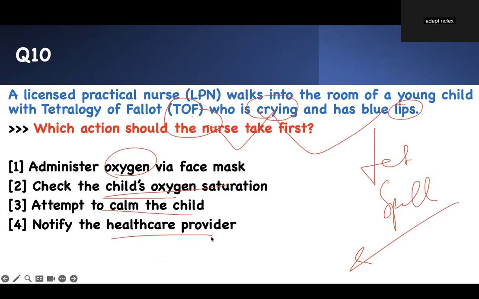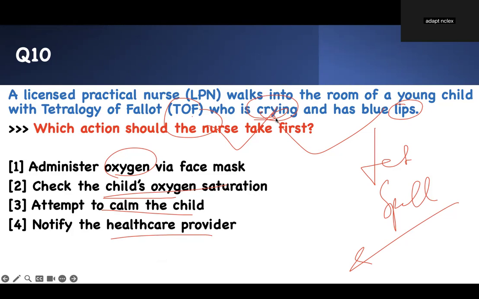First, we can put the kid in the knee to chest position, or what? Calm the kid down. He's crying. The more they're distressed, the more they shunt. But if the kid is calm, there will be less shunting and blood goes to the lung and he gets what? Mixed with oxygen and the kid does better.